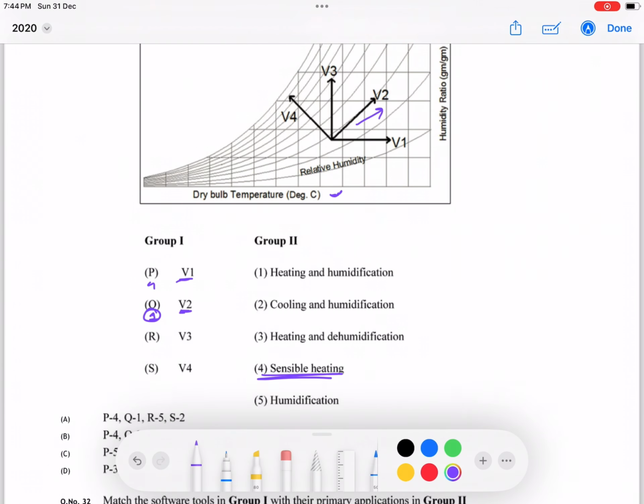V3 here is only moving up while the temperature is constant, so it's humidification. And V4 here represents cooling, that is going in the backward direction of temperature, but with humidification, so 2nd. So the best match answer here is 4, 1, 5, 2.